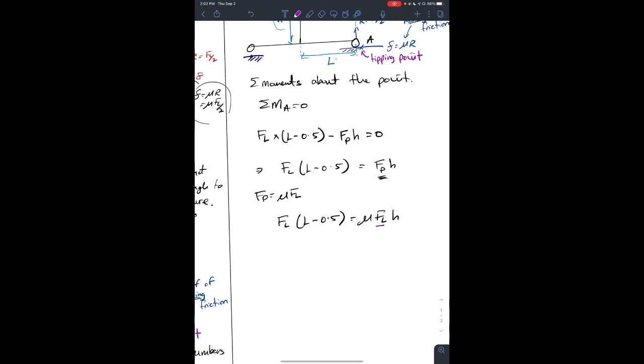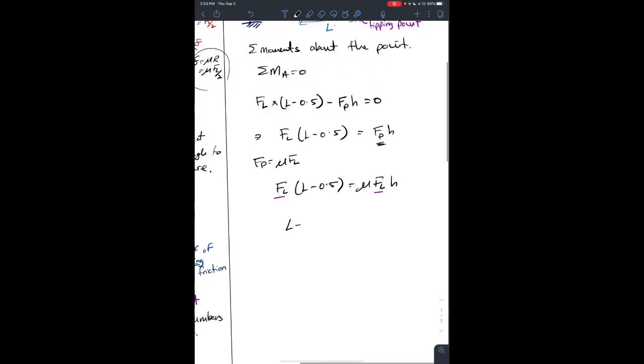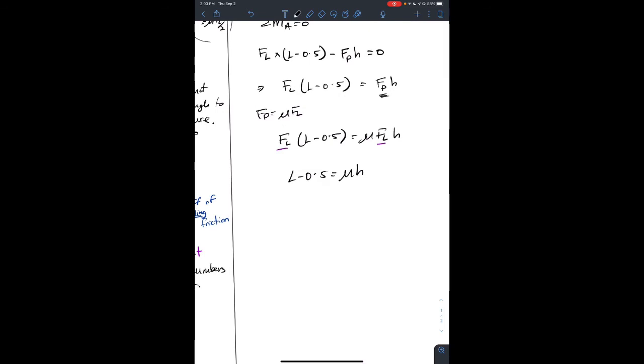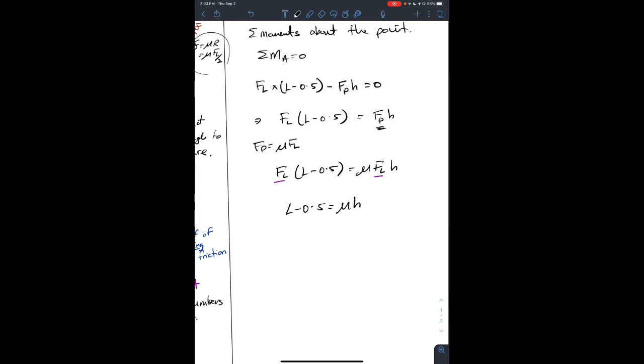You notice the FLs could cancel, so we do not even need to know the load to know if this thing will tip or not. So L minus 0.5 is really mu times h. This is our fundamental expression for the tipping characteristics.